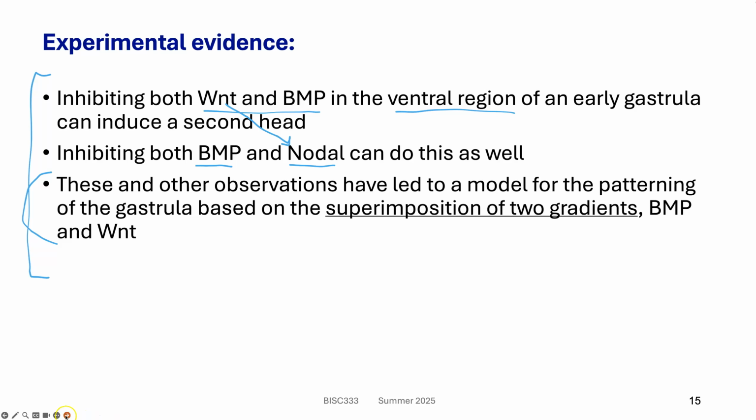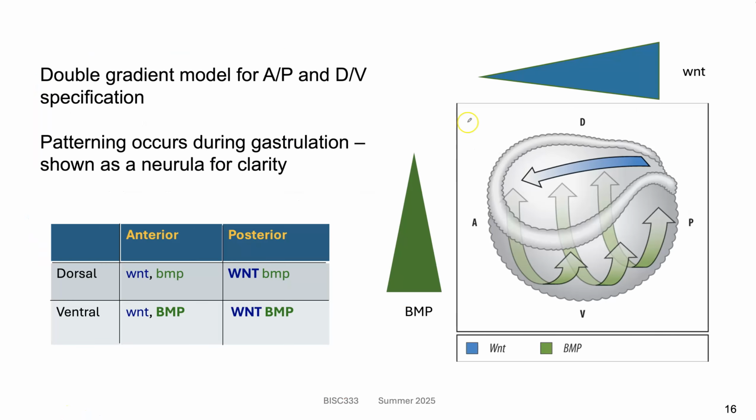But when we look at the actual gradient images, they usually show it in neurulas, because during gastrulation you've got cells moving from where it's dorsal around, and suddenly the dorsal is up here.